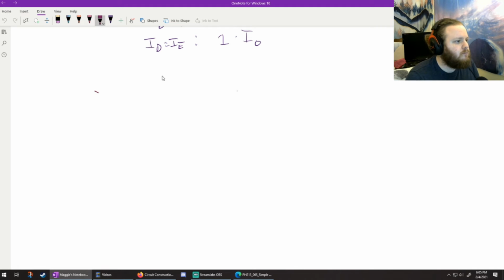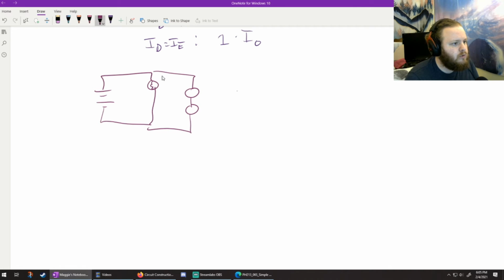Next circuit. Oh, that's not there. There is a second battery. What am I doing? That looks to me like the circuit I'm trying to do.